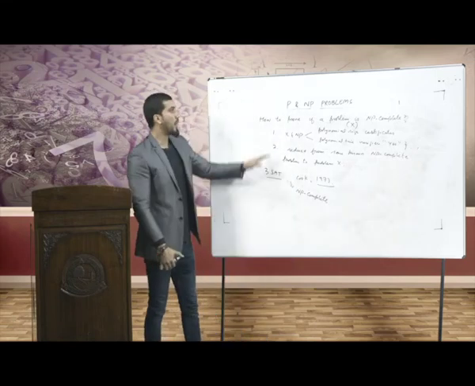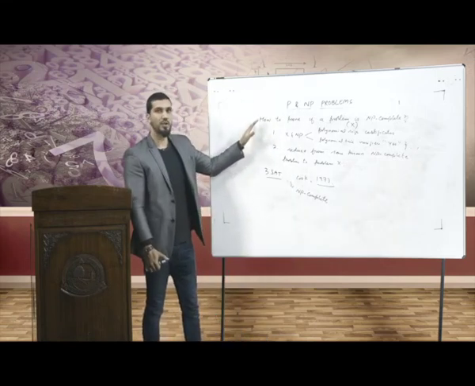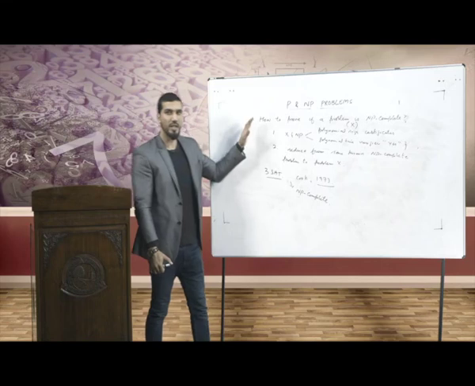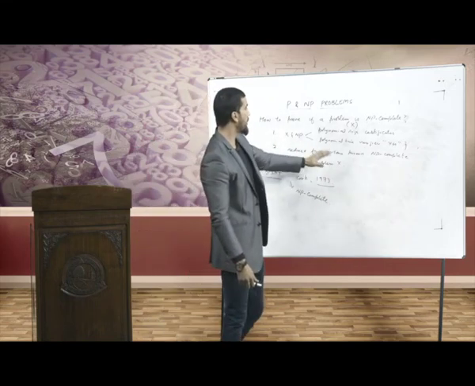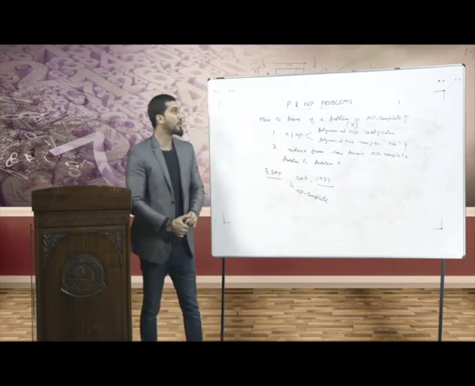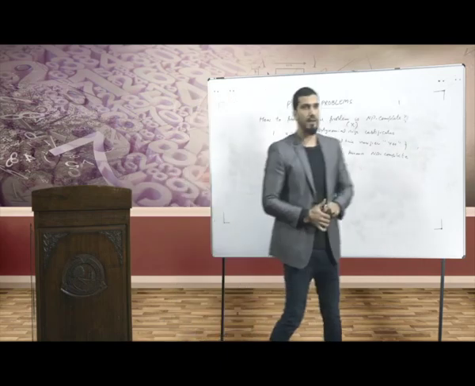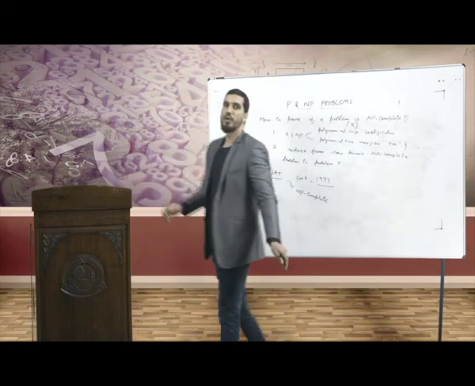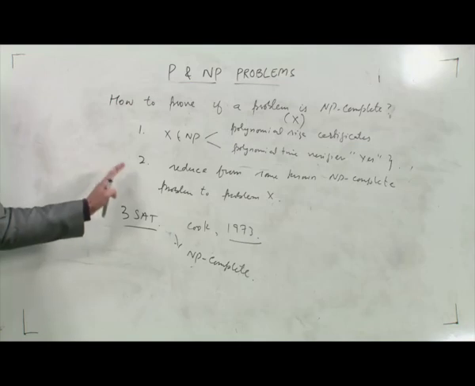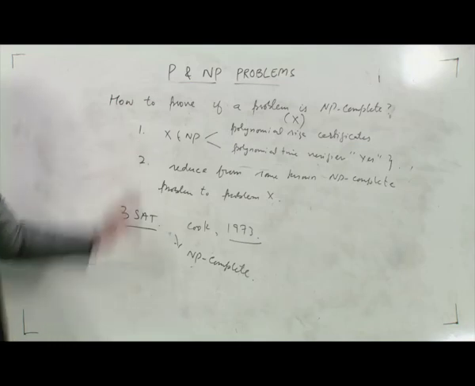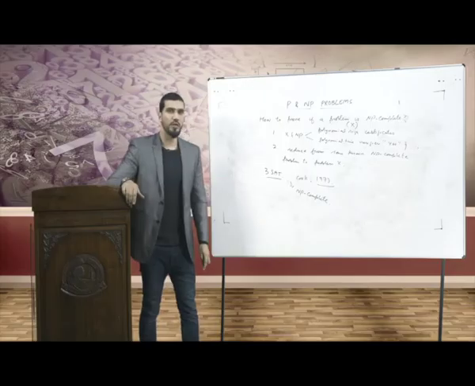We also saw how 3 sets viability can be solved using a lucky algorithm. Then we saw what NP complete and NP hard problems are, and how we can prove whether a problem is NP complete or not. That was it for today's lecture. Thank you.